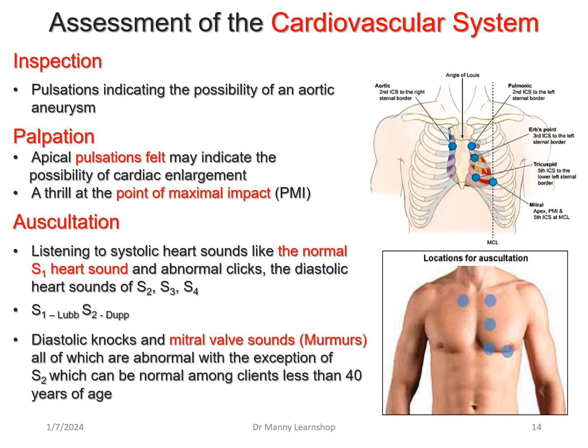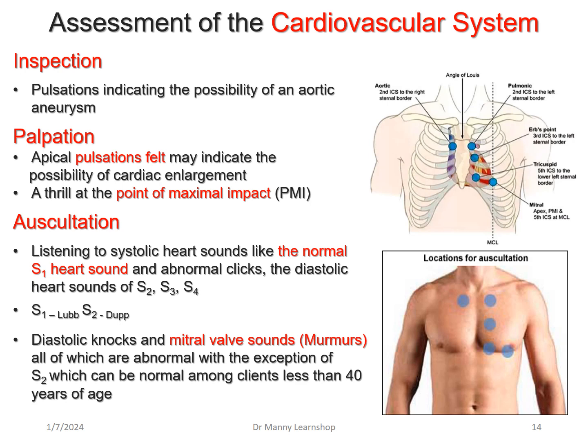When the cardiovascular system is assessed, the techniques that we use are inspection, palpation, and auscultation. Inspection: you're looking for abnormal pulsations, which are typically located at the point of maximal impact, which is the midclavicular line in the fifth intercostal space.